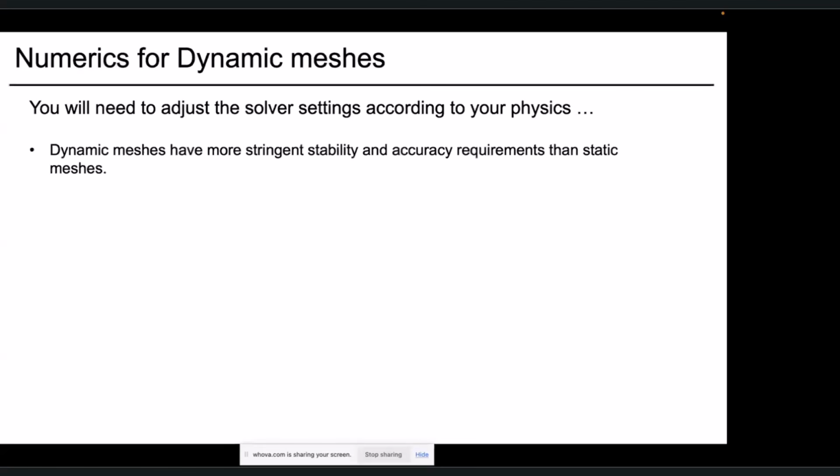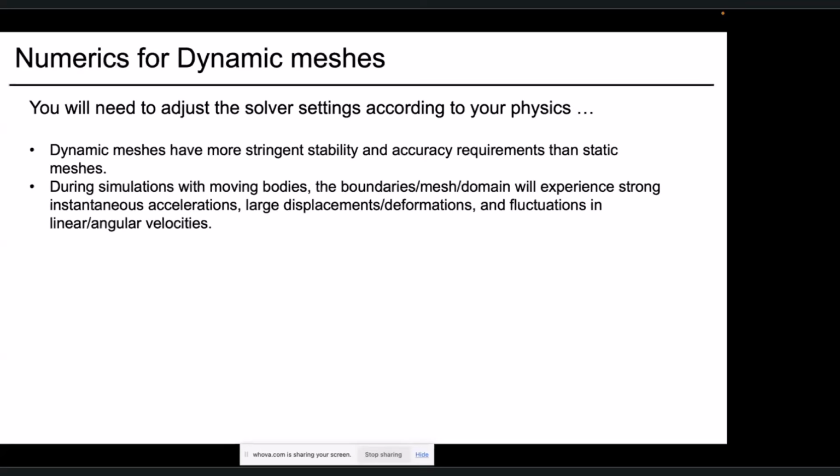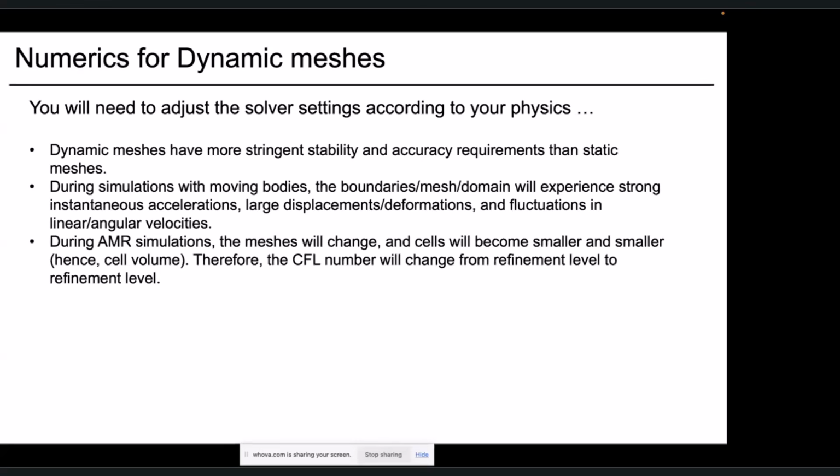All right. Because dynamic meshes have more stringent stability and accuracy requirements than static meshes. And during simulations with moving bodies, the boundaries of the mesh domain will experience strong instantaneous acceleration, large displacement or deformation, and fluctuations in linear and angular velocities.